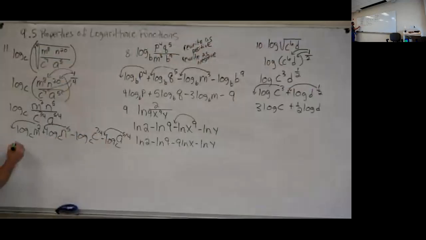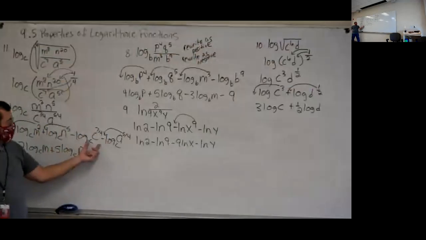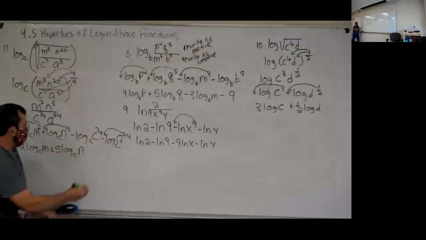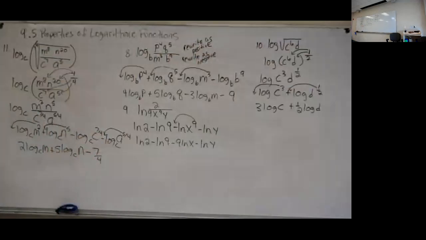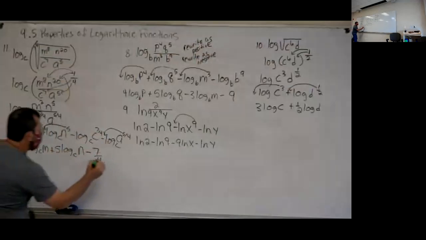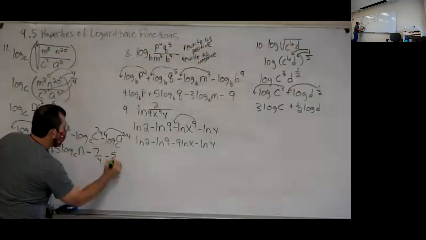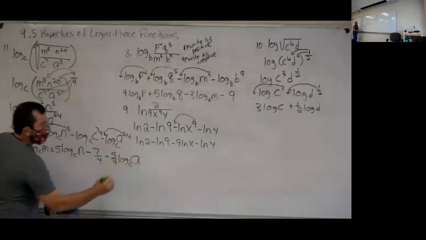I get a 2 log C of M plus I get my 5 log C of N. Remember, since this base matches this result to an exponent, that's just going to be minus 7/4. And then at the end, it'll be minus 5/4 log C of A.